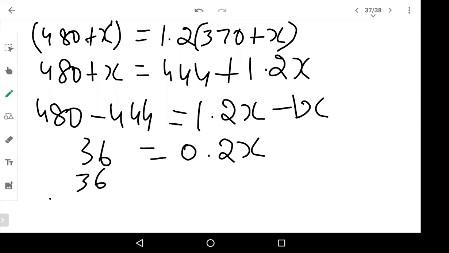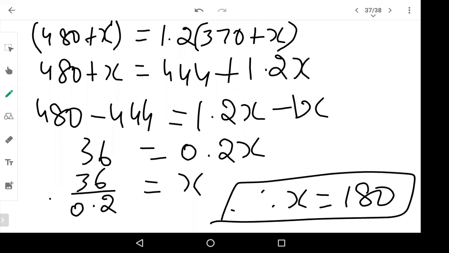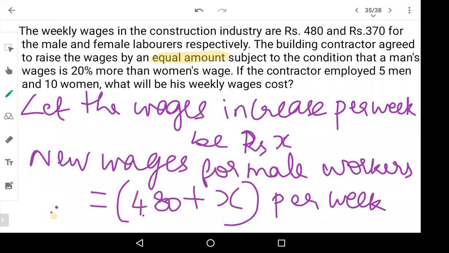So 36 by 0.2, how much do I get? 180. So therefore, X is equal to 180. So what is X? X was the increase in the wages per week.